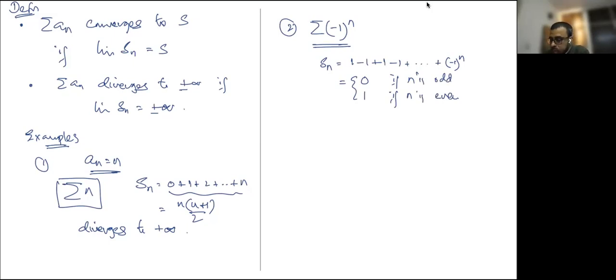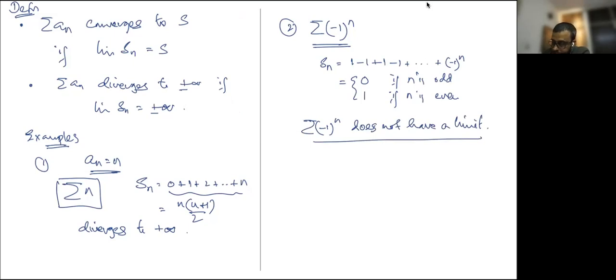So in this case, what happens? None of these happen, right? It does not converge, it does not go to plus infinity, it does not go to minus infinity. So it does not have a limit.